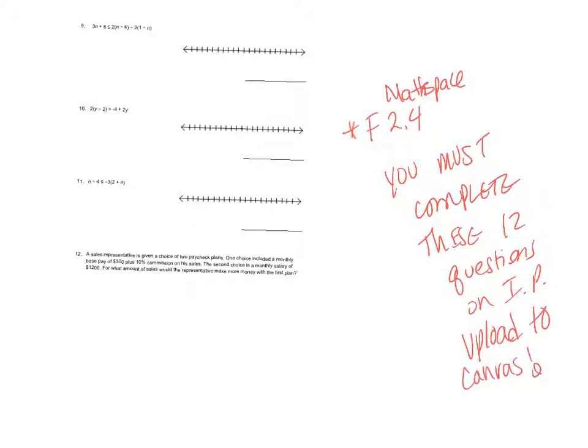So we're going to have a chance to work on it in class. You're expected to do these 12 questions plus the math space. So please make sure you do this. These 12 questions, I know you're going to have answers to. You're going to be able to check your work, but you must also complete the independent practice as well as the math space.